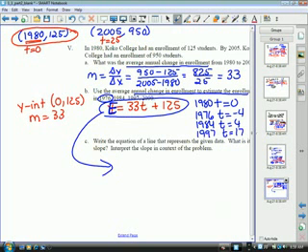But what does that slope mean? Here's our problem again. Interpret the slope in context of the problem.